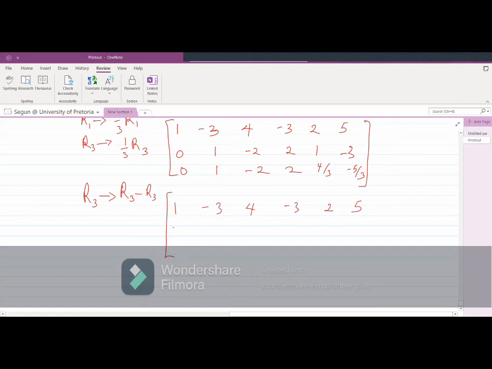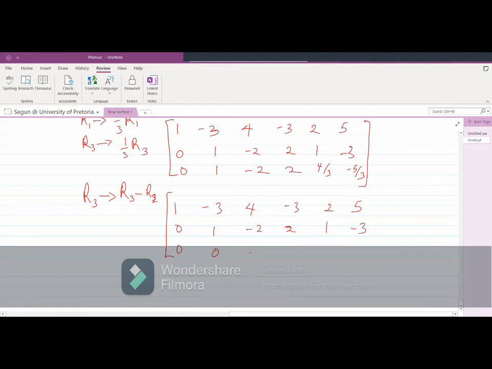Then 0, 1 minus 2, minus 2, 1 minus 3. Then this one will be 0 minus 0, 0. 1 minus 1, 0.